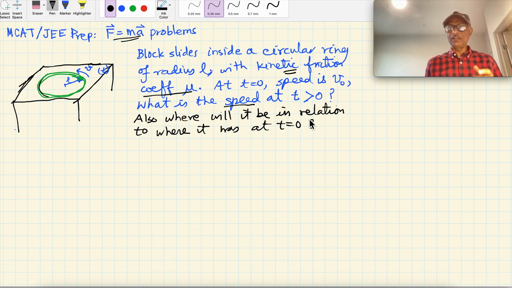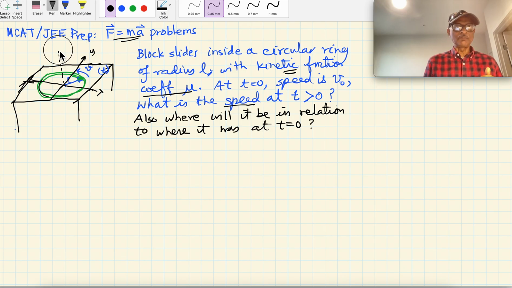Of course, over here, if you draw coordinates, then at t equals 0, suppose on the x-axis, you draw a coordinate like this. So this is the x-axis, and maybe this is the y-axis, and of course the z is coming out above the table.